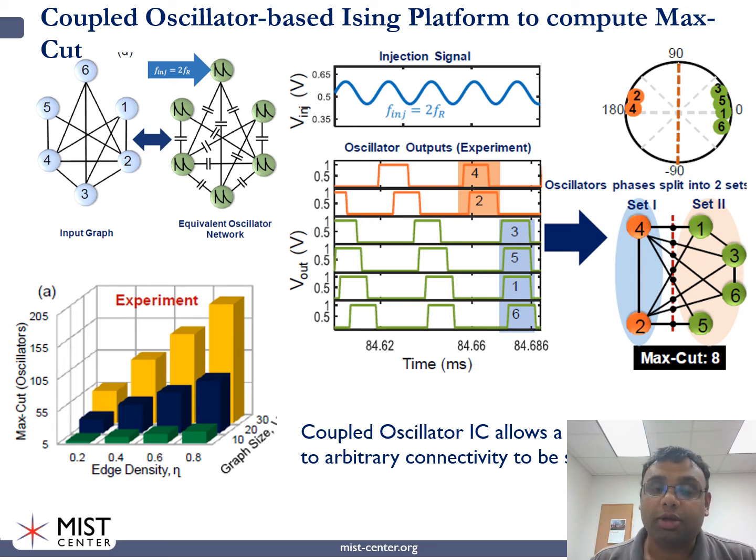shown in the time domain data, where you can observe that under second harmonic injection locking, which is the condition required for Ising implementation, we see that the phases of the oscillators form these two partitions. And you can then go on to prove that these two partitions correspond to the two sets that are created by the max cut, or while solving the max cut problem.